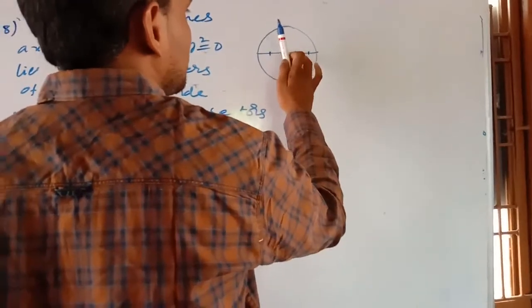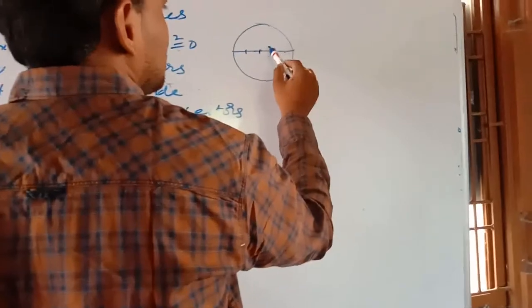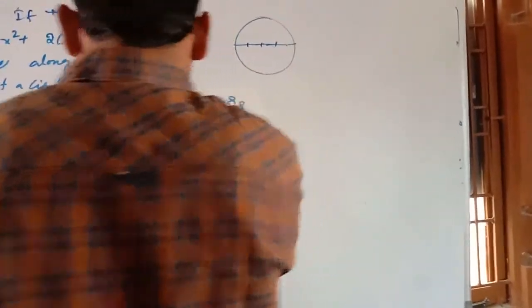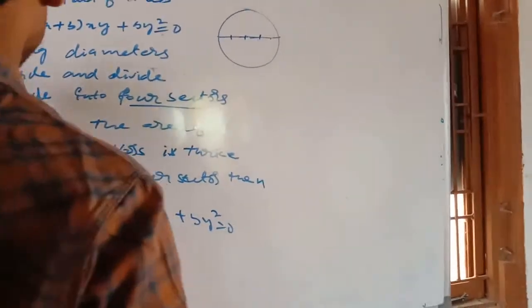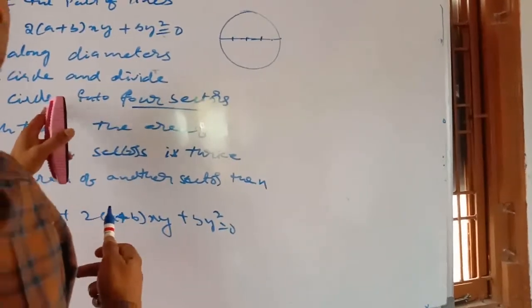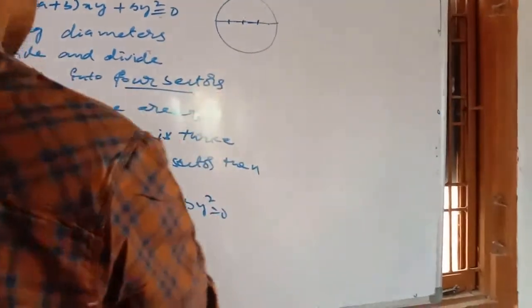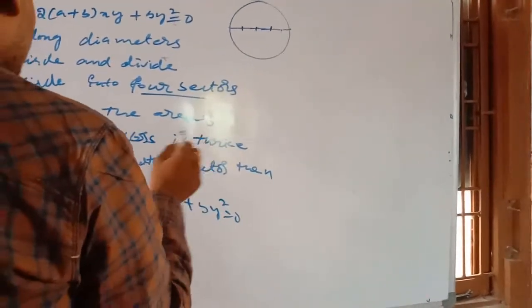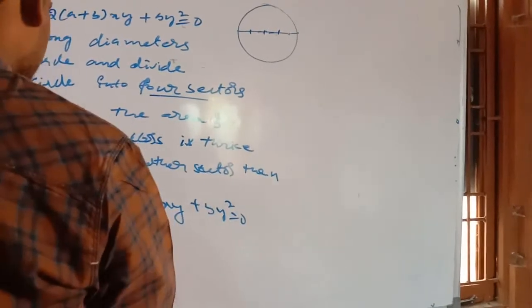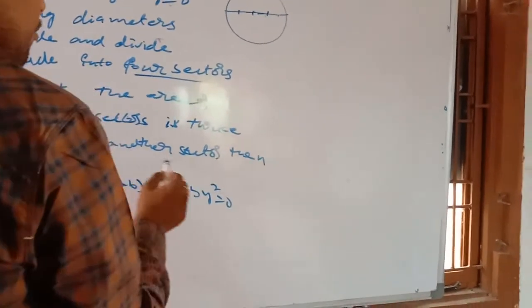Now the circle is divided into 4 sectors. Now the area of one of the sectors is thrice the area of another sector.